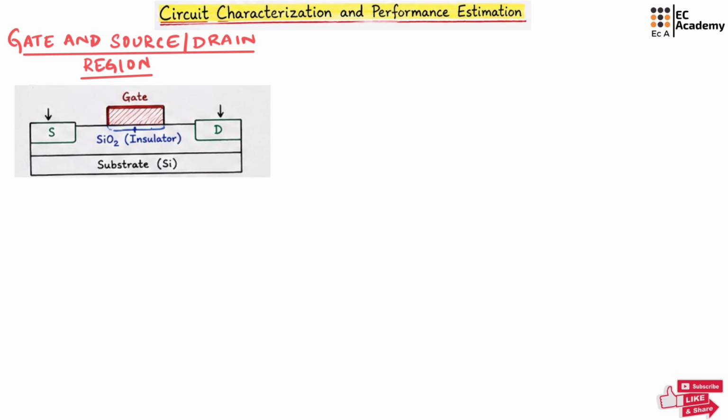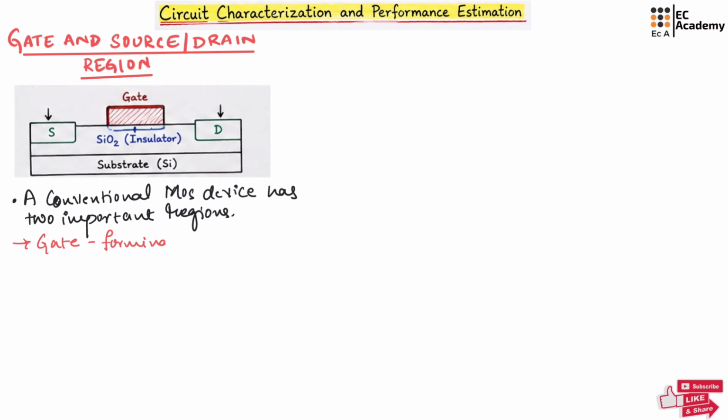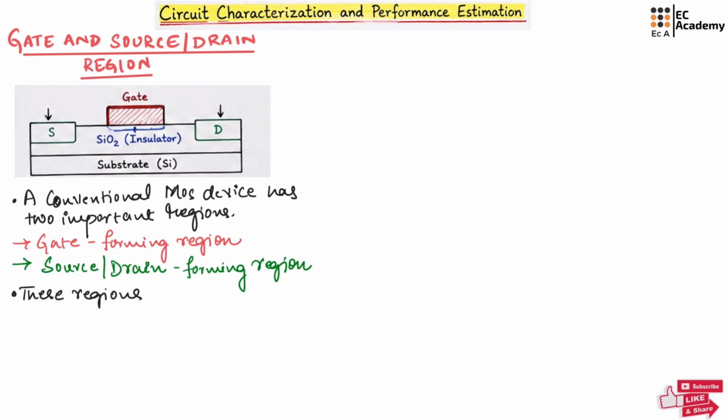Now let us look at the second important point. A conventional silicon gate MOS device has two important regions. The first one is the gate forming region and the second one is the source and drain forming region. These regions include diffusion, polysilicon and metal layers.